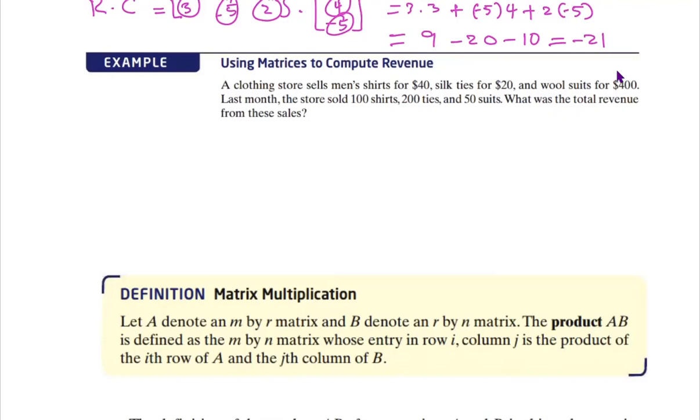So if we call the row vector the prices of the products, then, since it's the row vector, we're going to put all the prices in it.